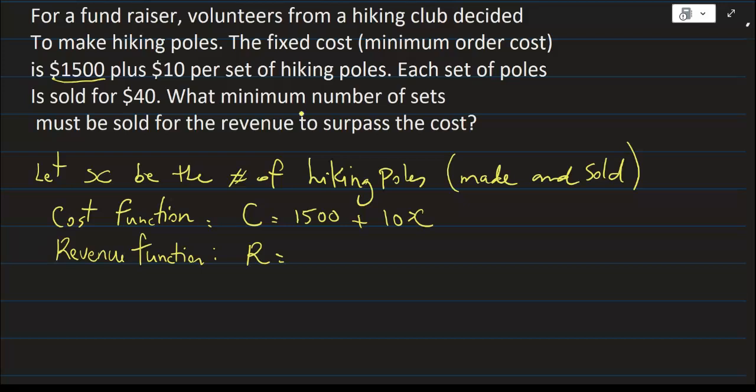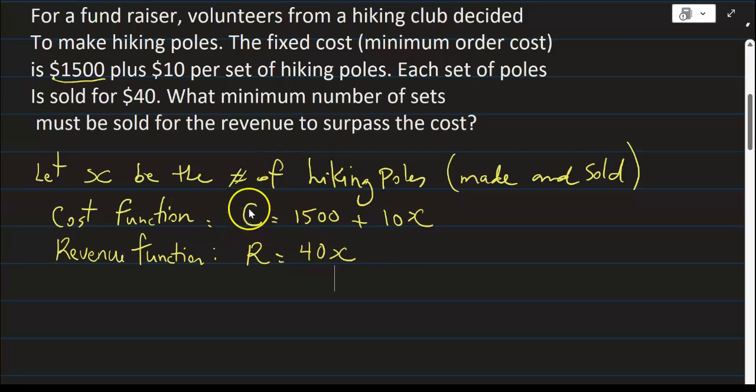In this case we're selling each for $40, times the number of sets sold. So we have two functions. The cost function is C equals 1,500 plus 10x. By the way, you can rewrite it as 10x plus 1,500. It's the same thing. And the revenue function is 40x.